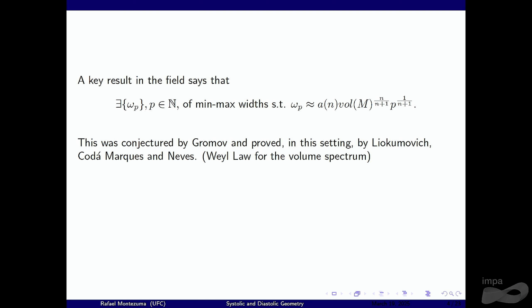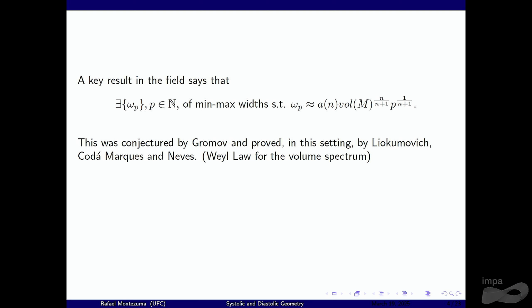So we saw that it's very important for the theory, for the existence of infinitely many minimal hypersurfaces for example, that there is this analog of the Weyl law in the case of the volume spectrum. So we have a sequence of min-max widths which behave in this way compared to the parameter p.